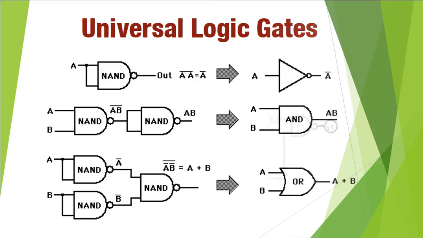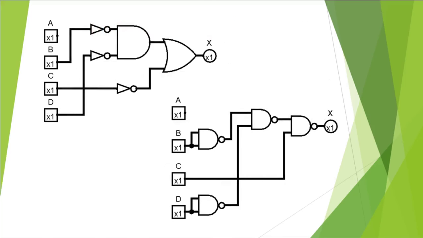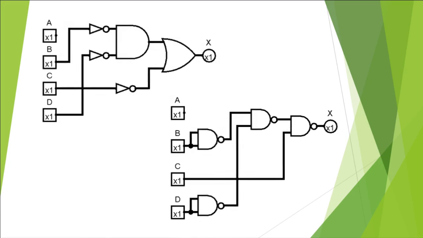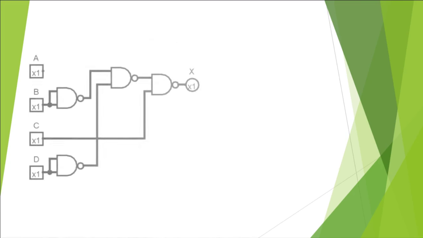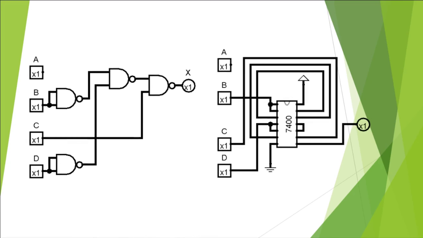With a bit of reworking, we can actually redo our simulation with all NAND gates. Now that we've made this conversion, let's jump forward once again to the step of implementing ICs into our model. So this single 7400 IC happens to contain 4 NAND gates, precisely what we need to finish our simulation.